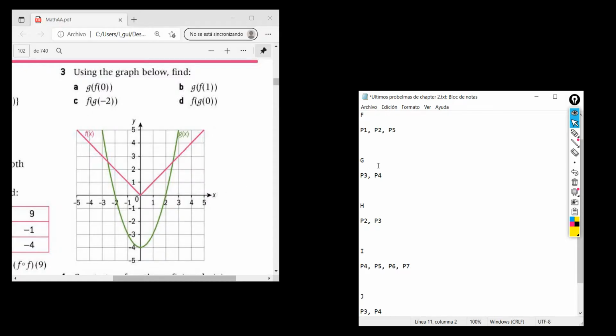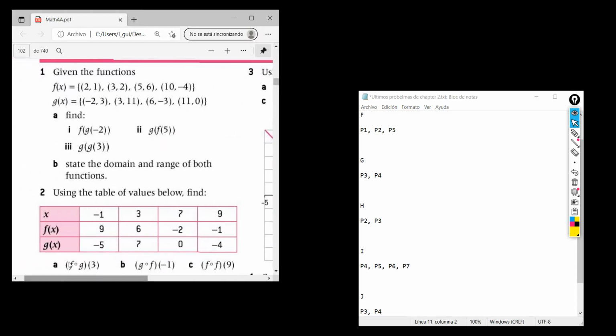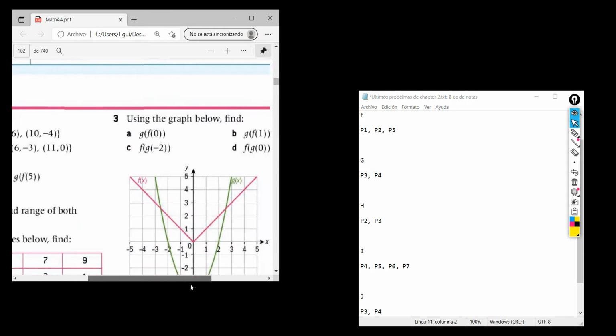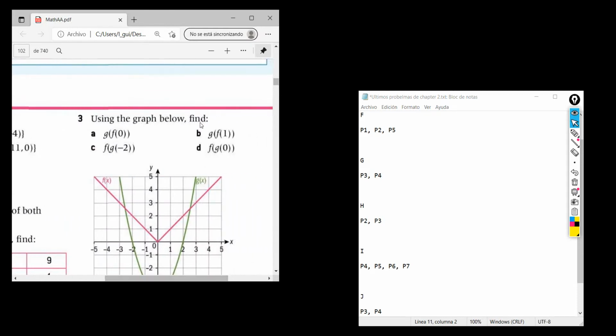From section G, you asked me about problem 3 and problem 4. Problem 3, using the graph below, find all of these things. This is quite simple. For example, find g of f of 0. So what you have to do, guys, is this. First, you have to find f of 0, right? They tell you here in the graph that this, I think, is red or pink, and this is green.